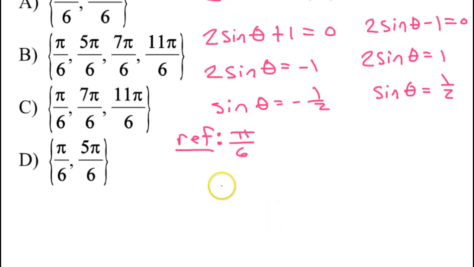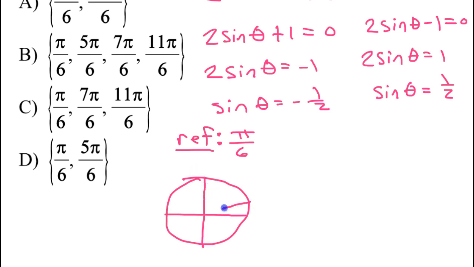Alright, so now picture the chart. Picture the diagram of pi over 6's. And I'm going to draw them all because some people need that, but really you should be able to do this in your head. You should be able to do this in your head just by picturing these two. In fact, maybe I'll draw these other ones, and then I'll erase them.